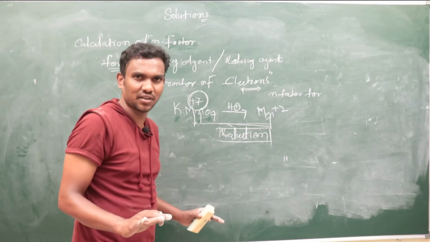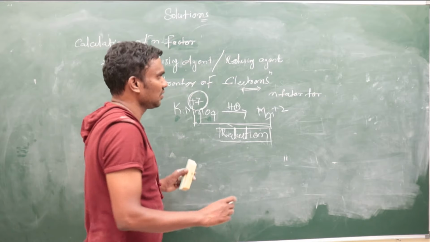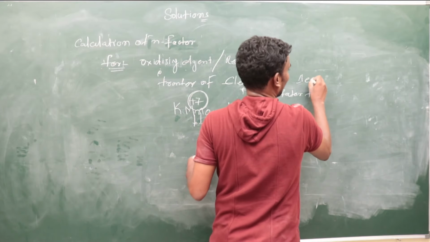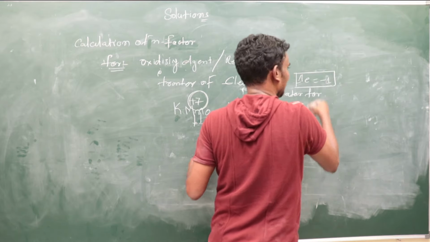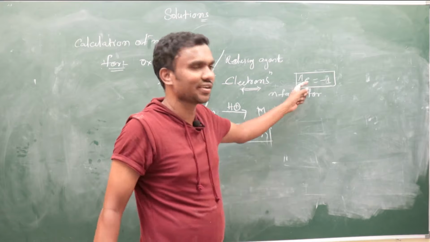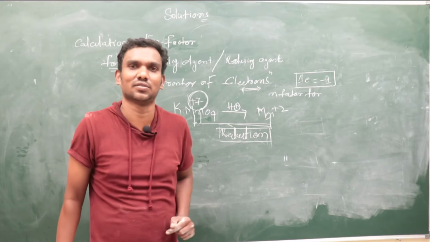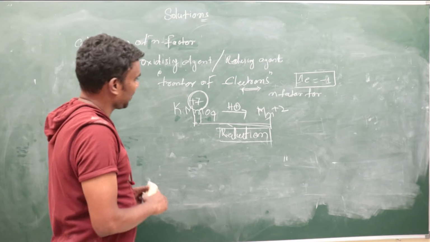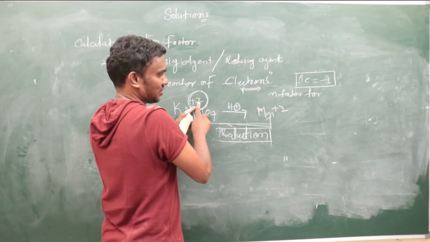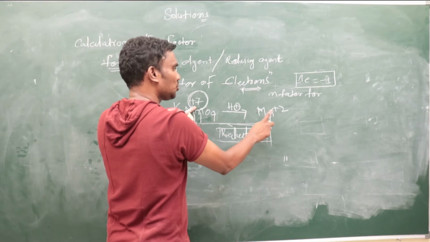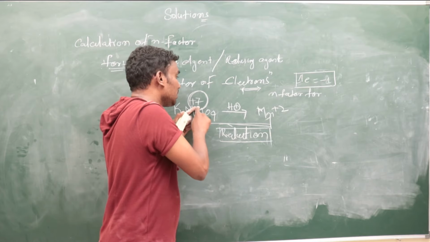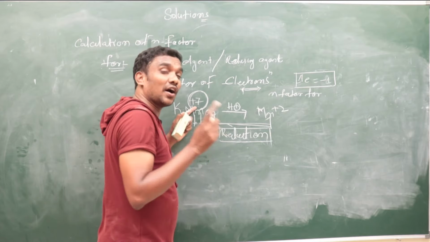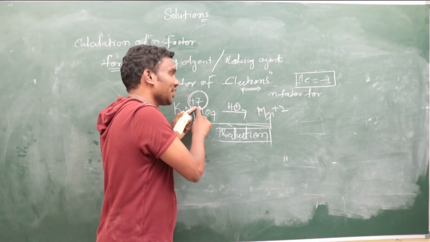For our convenience, I consider one electron as -1. So remember, here the +7 is there, and +7 to +2 means 5 electrons are gained.